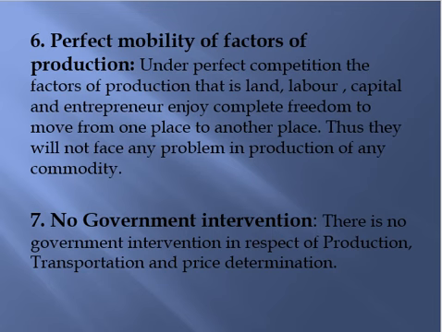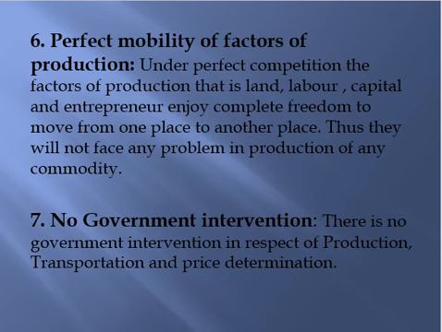Let us look at the sixth point, that is perfect mobility of factors of production. Now, what do you mean by the term mobility? Easily movable, right? From one place to another, when things can be moved easily, it is called mobility.